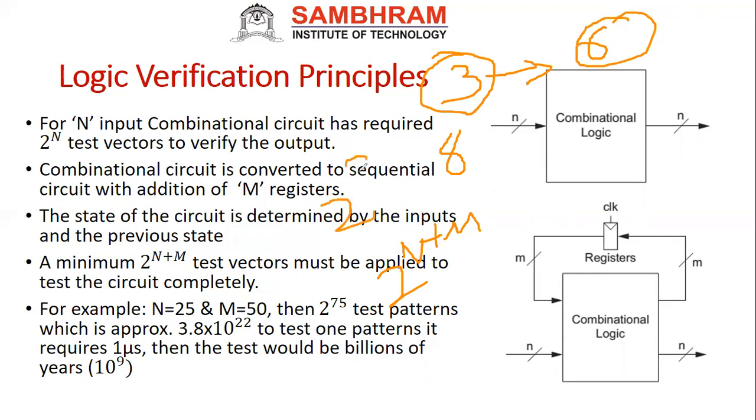So it will be 6 plus 3, which is 9, so 2 to the power of 9, which is 512 test patterns we have to give. These 512 test patterns have to be verified.